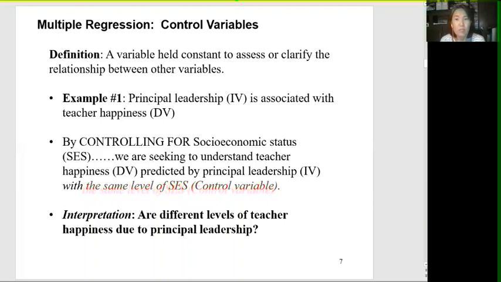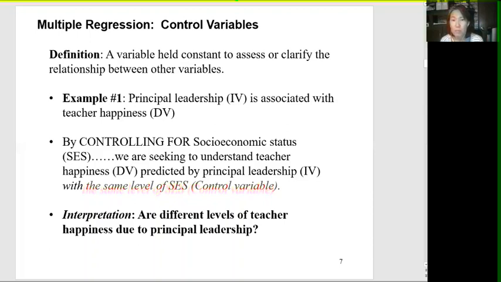Principal leadership is associated with teacher happiness. It sounds like a research hypothesis, right? So I hope you put some kind of direction in this neutral statement if you want to make a good research hypothesis. For example, good principal leadership is positively associated with teacher happiness, something like that. Right now, when you see this example one, you do not know whether principal leadership affects teacher happiness positively or negatively.